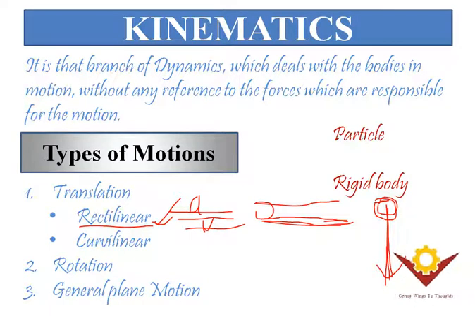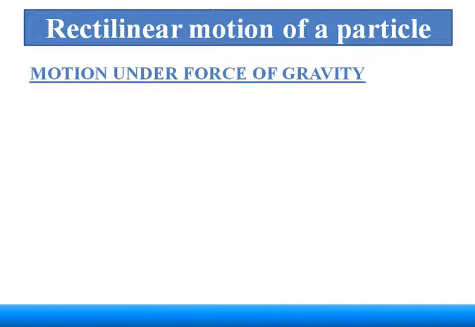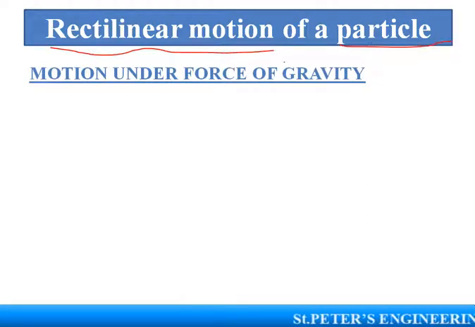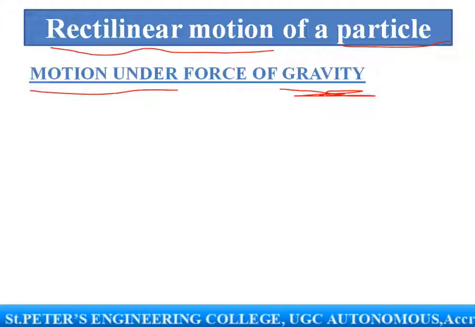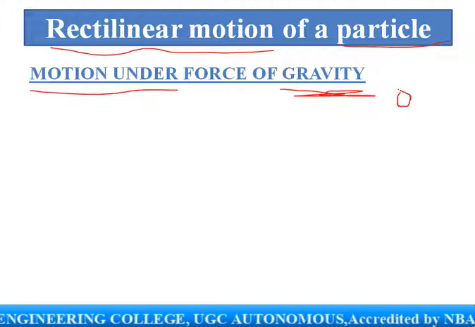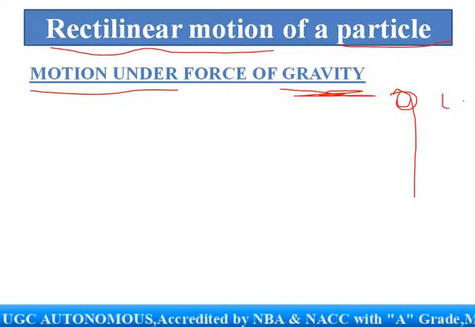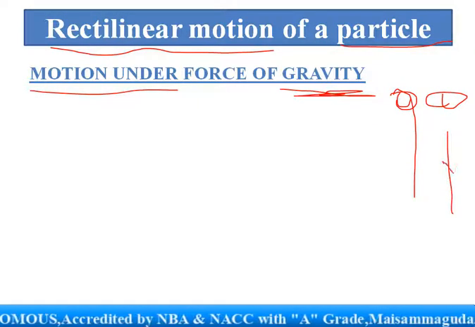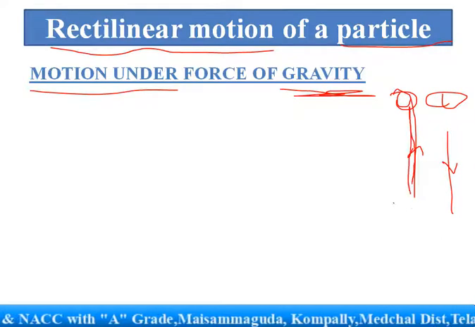These are rectilinear motions of a particle, and in these we have a topic called motion under gravity. That means we have a small particle which is thrown upwards or which is coming downwards. These two motions are linear towards the gravity, right?